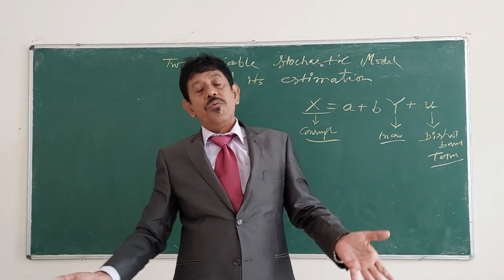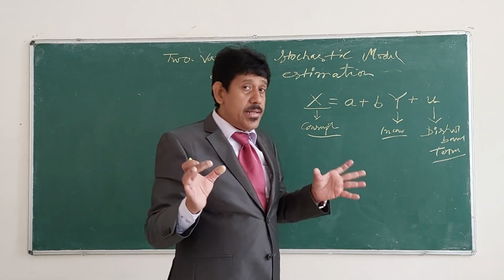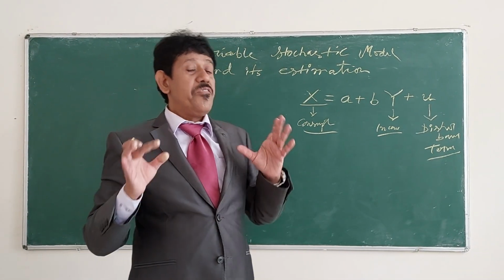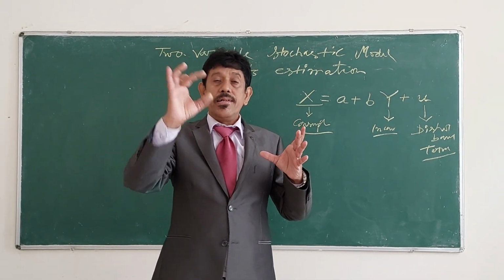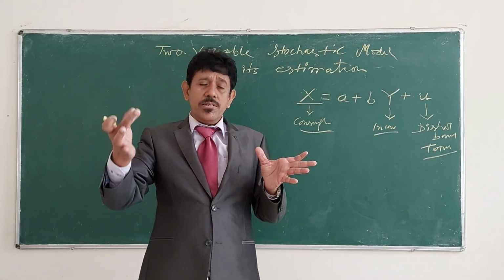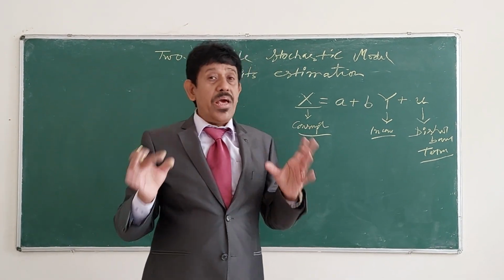The line which most appropriately represents the relationship between x and y, or income and consumption, is known as the line of best fit.